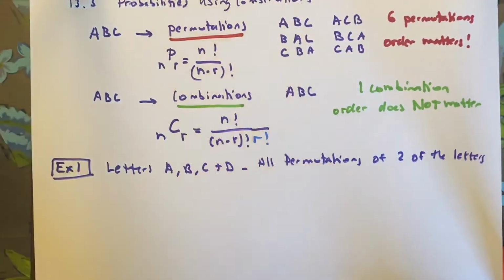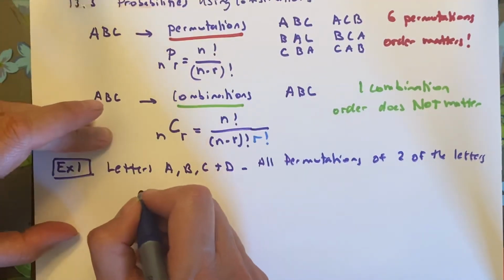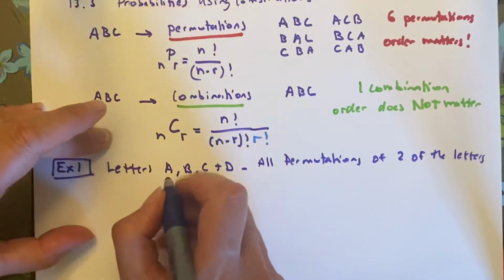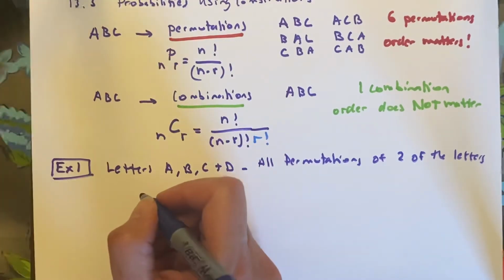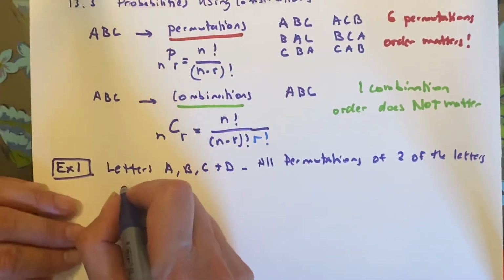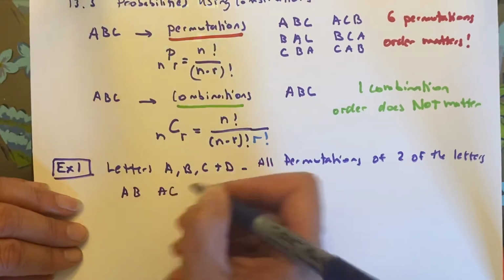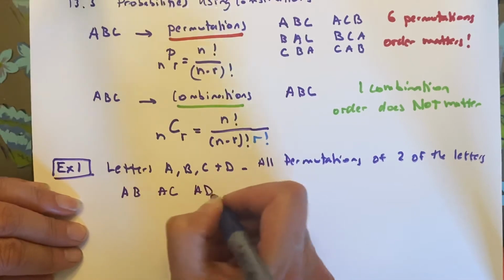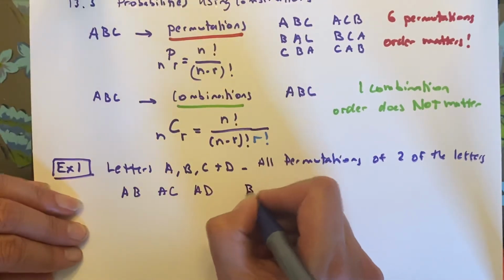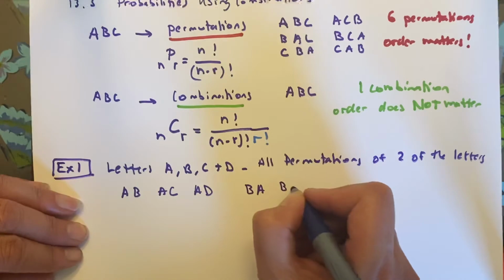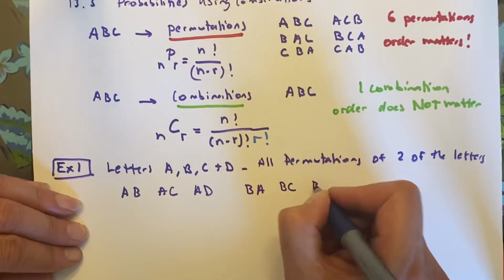Well, we'll start with A: I can have B, or C, or D. And if I pick B, I can have BA, BC, BD.